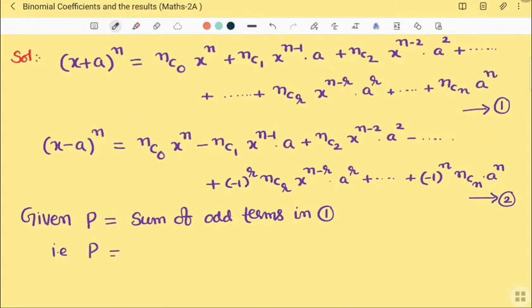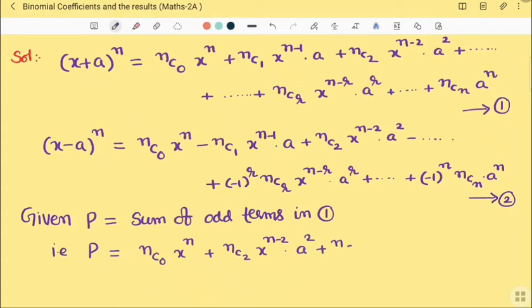P is equal to, odd terms means the starting term nC0 x power n, that is the starting term, odd term. Next nC2 will come, nC2 x power n − 2 a power 2.